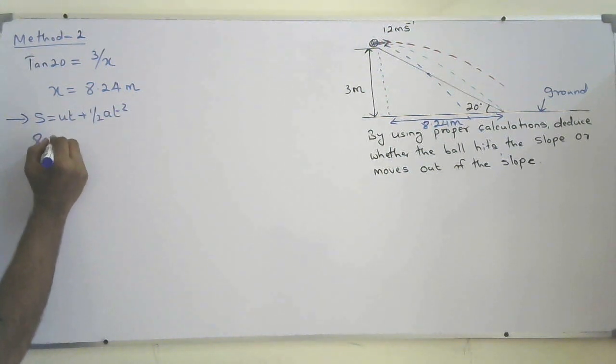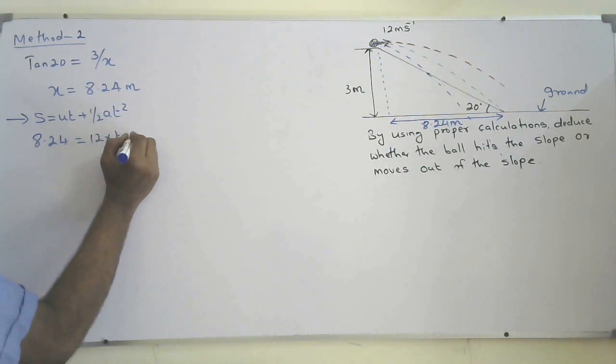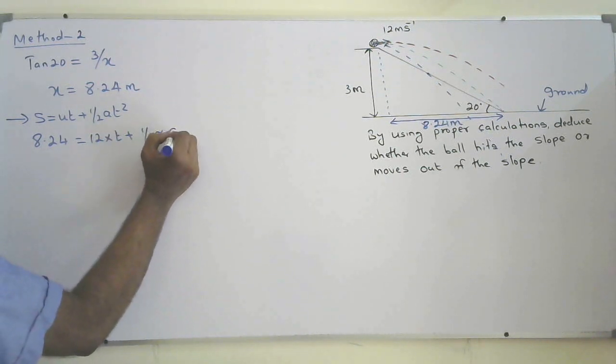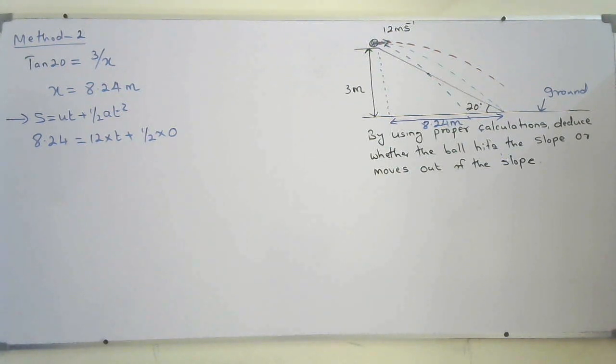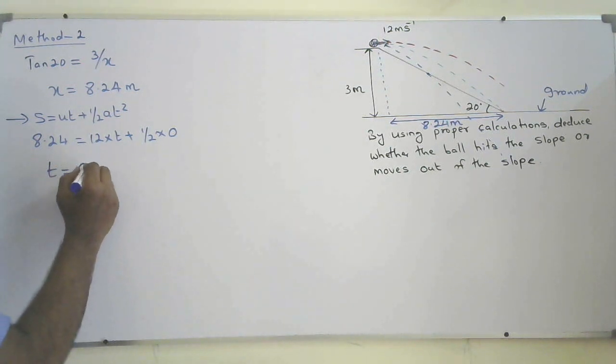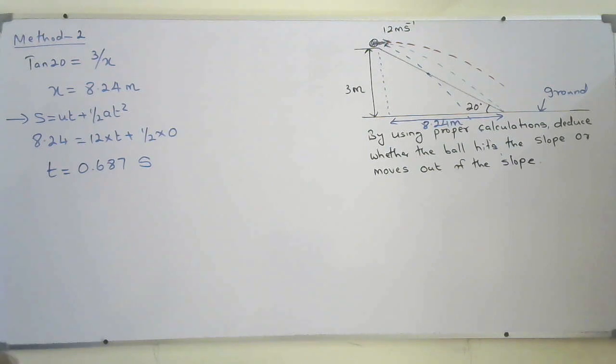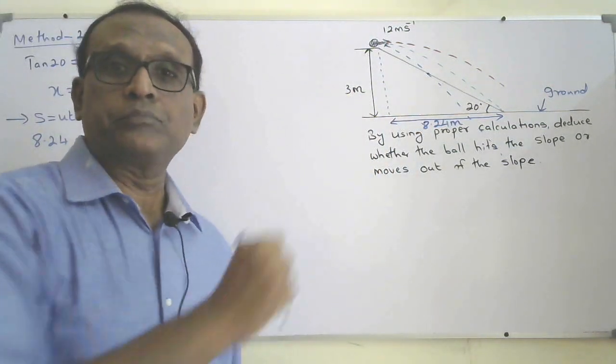So 8.24 equals 12 into t plus, horizontally no acceleration. So the time will be 0.687 seconds. That's the time taken to complete the horizontal displacement of 8.24 meters.